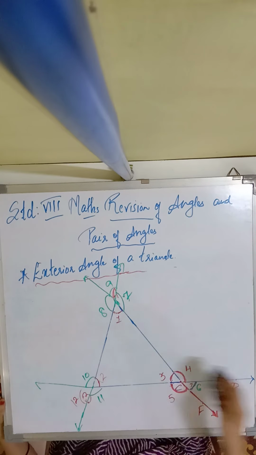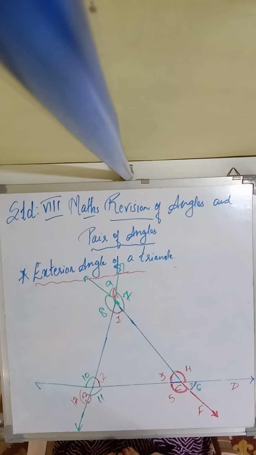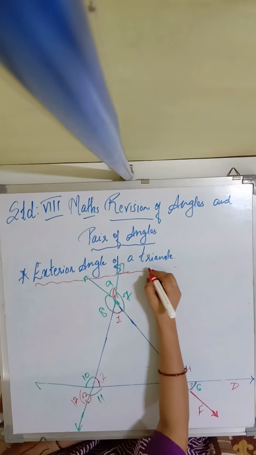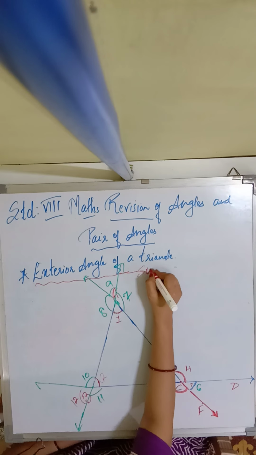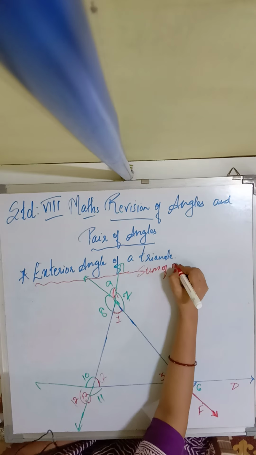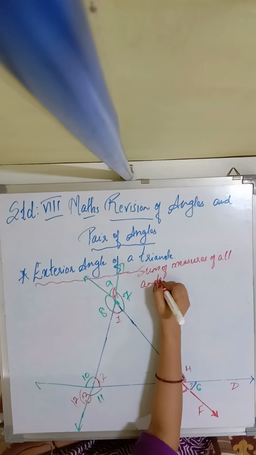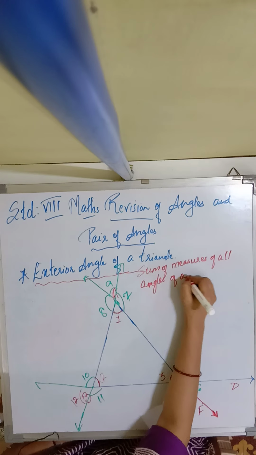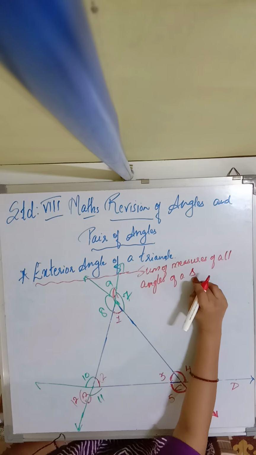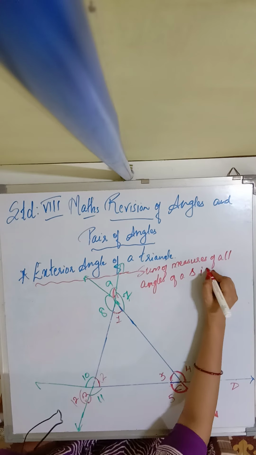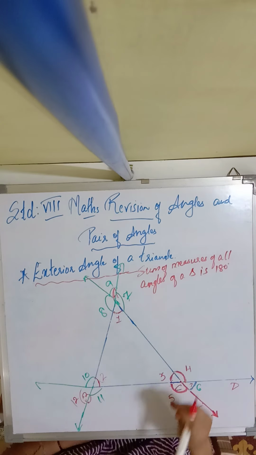Now see, children, we already know that the sum of measures of all the angles of a triangle is 180 degrees.